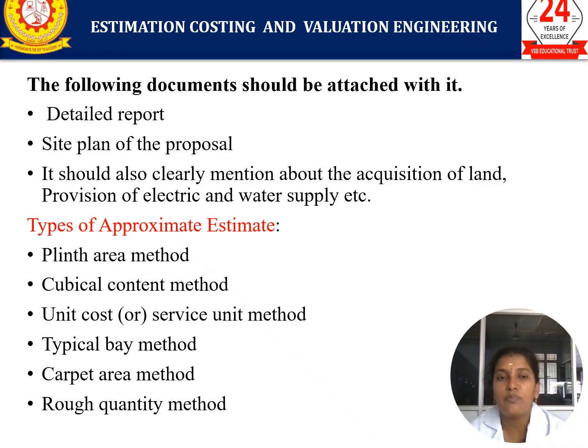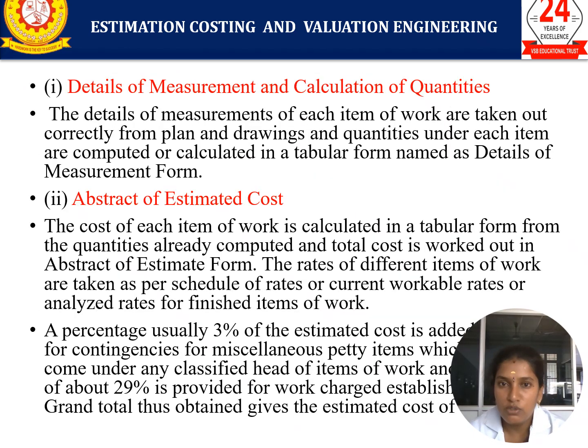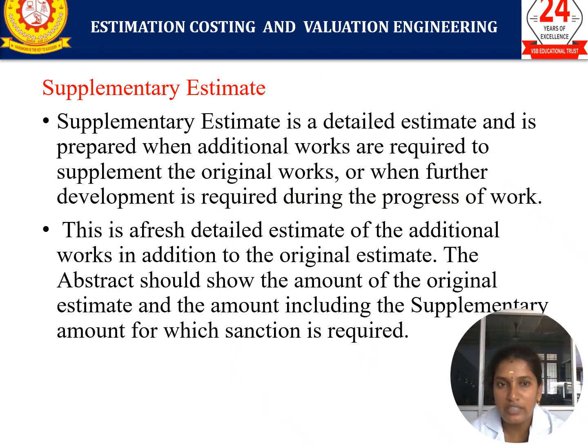The approximate estimate is also classified into some types: the plinth area, cubical content, unit cost method, typical bay or carpet area method, plinth area, carpet area and cubical content method, and the rough quantity method. So these are some different types of approximate estimate, right? The detailed estimate will give the detailed measurement of the work, so that would be incorporated into the different types of estimate.